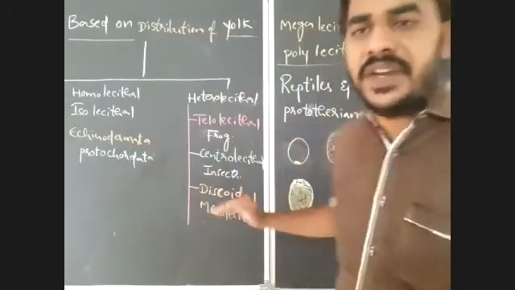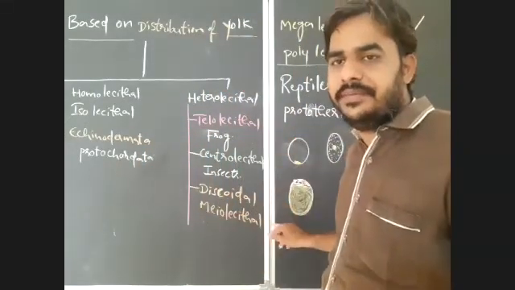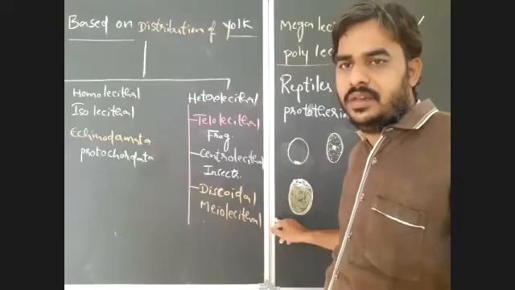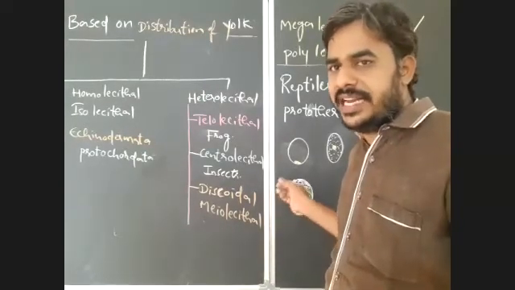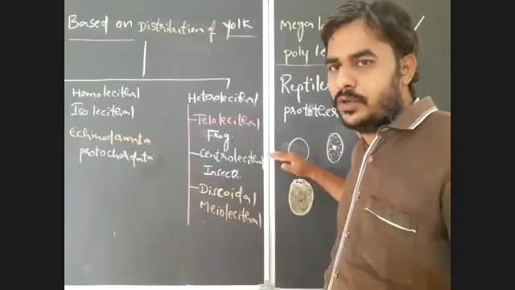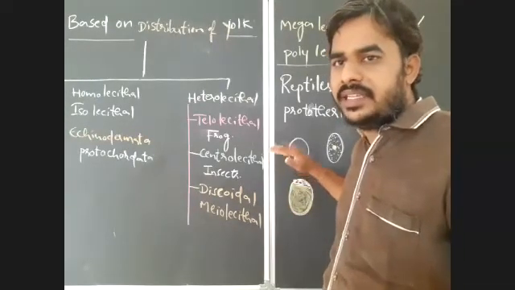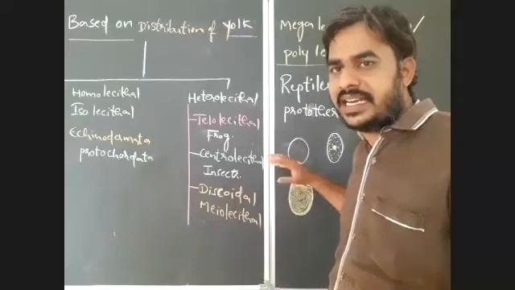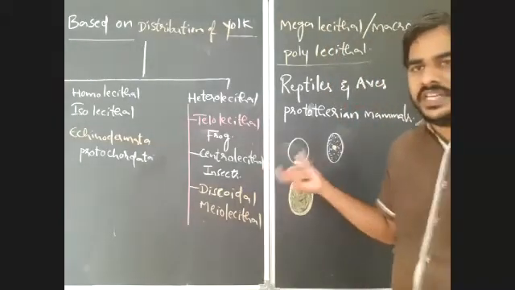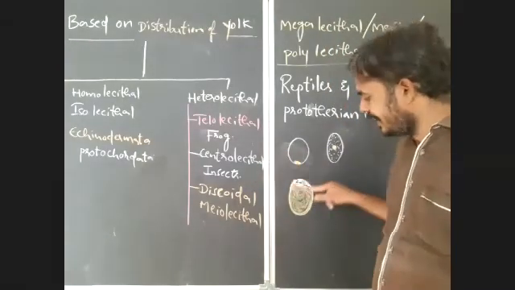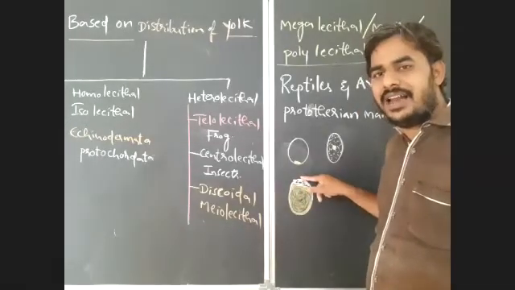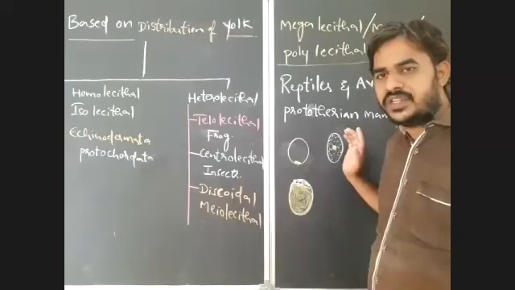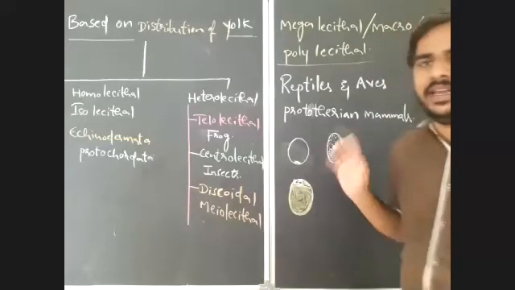So most of the space in the egg is occupied by yolk, and the cytoplasm and nucleus are pushed towards the peripheral region and arranged in the form of a disc. A small disc-like arrangement of cytoplasm is there. So this is the discoidal egg, that we have to notice here.